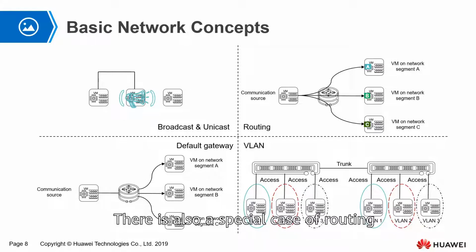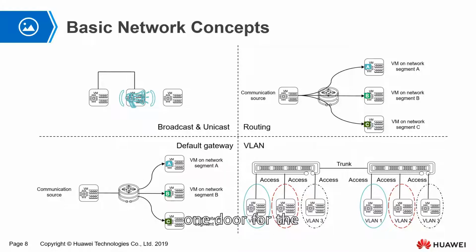There is also a special case of routing. We call it the default gateway, also known as the default route, or just the gateway. It works the same as routing and is also used to communicate across broadcast domains, but in a different way. Imagine that routing is a room that has 3 doors in it.